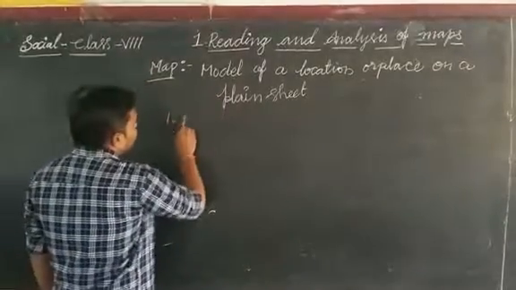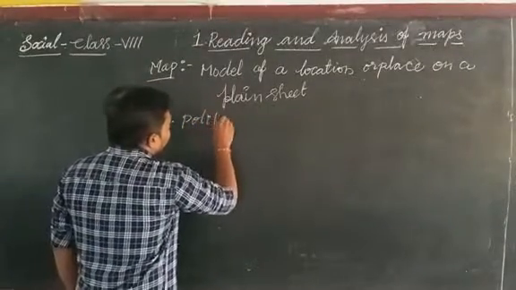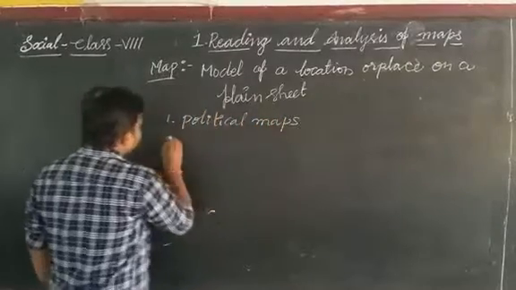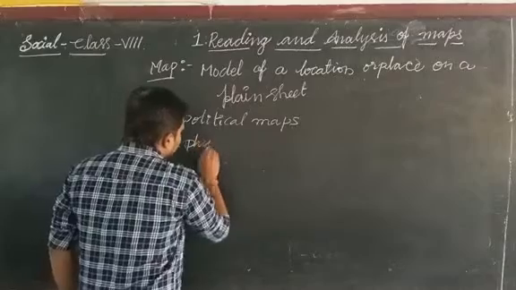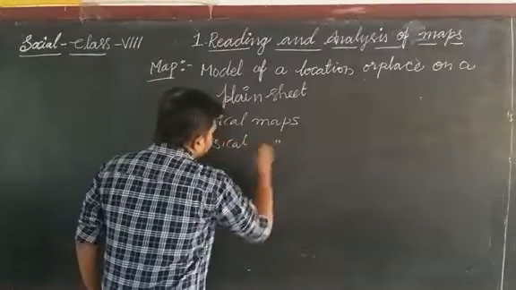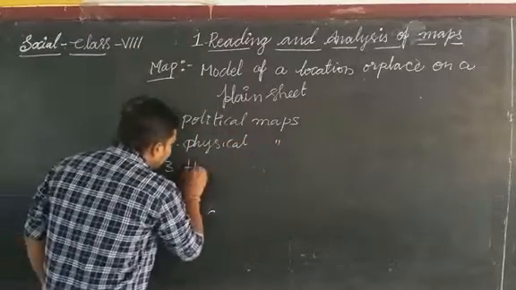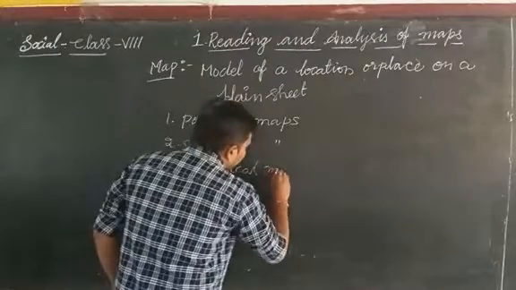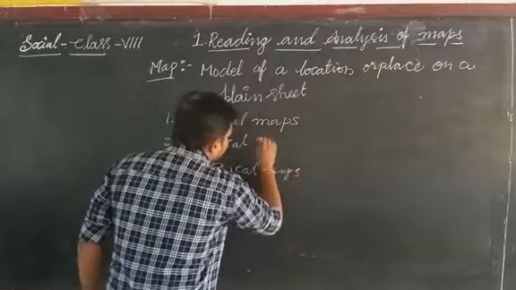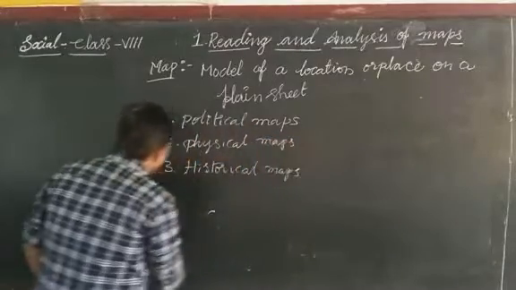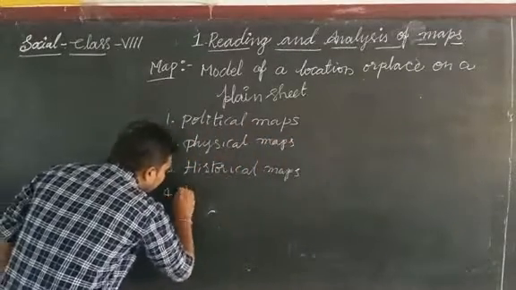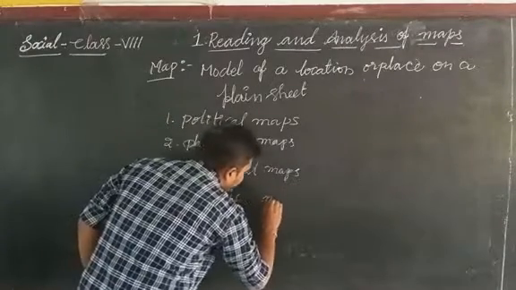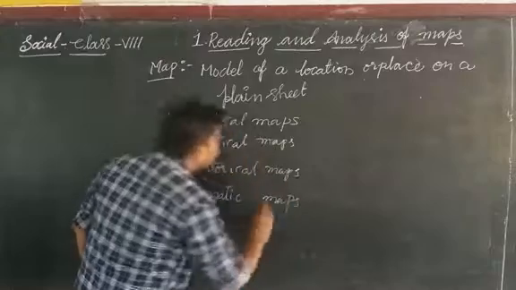Suppose if you see types of maps: political maps, physical maps, historical maps, and thematic maps. These are the types of maps which we are using in our daily lives.